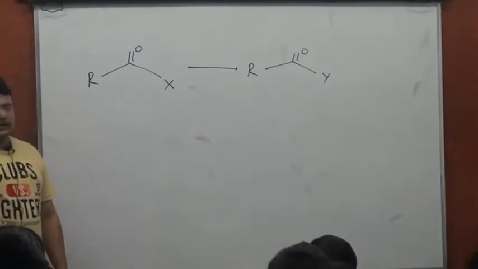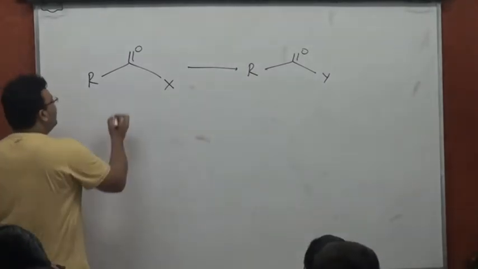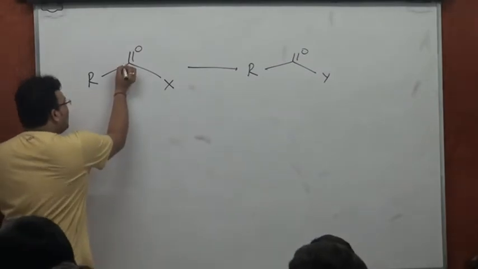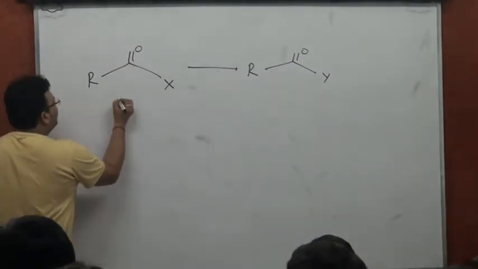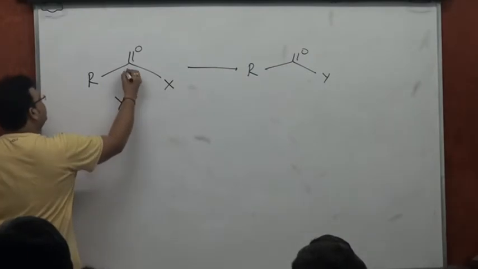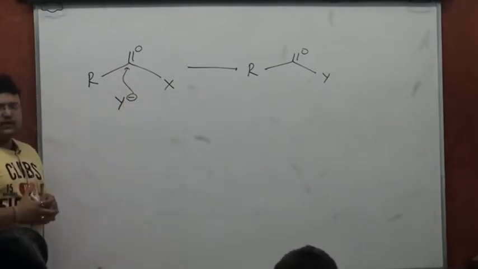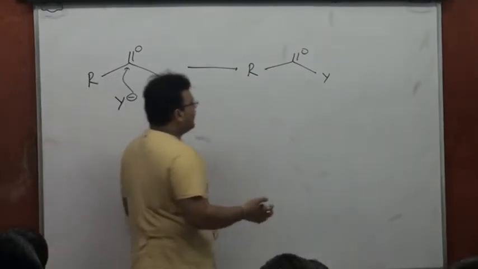Yes or no? All of it would be carried out at this carbon atom, and maybe this to that would require a nucleophile Y minus, a nucleophile coming in, another nucleophile going out.